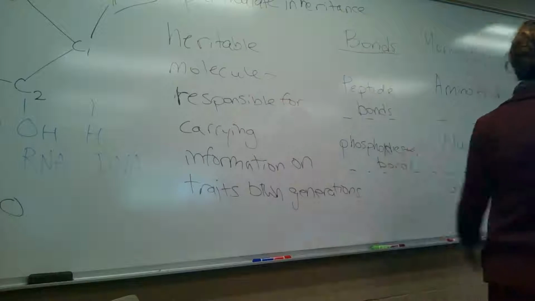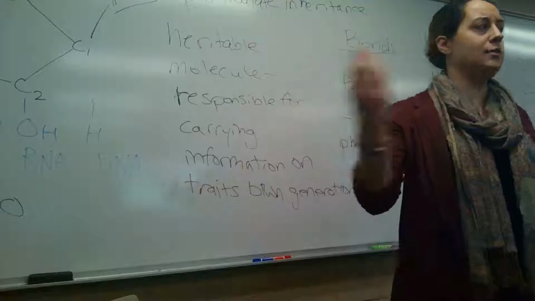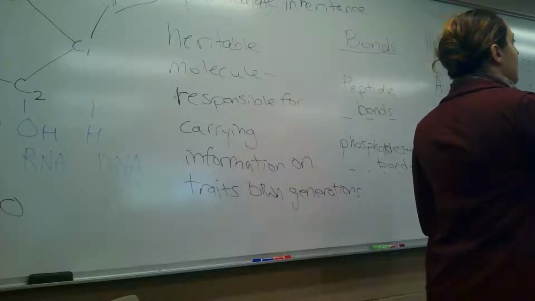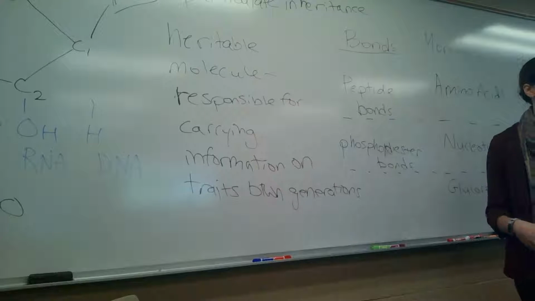Okay, so how do we organize the DNA? So there are lots of levels of this, and I can't remember if your textbook talks about every single level, but I'm going to focus mainly on this level, the DNA double helix wrapped around these proteins called histones.